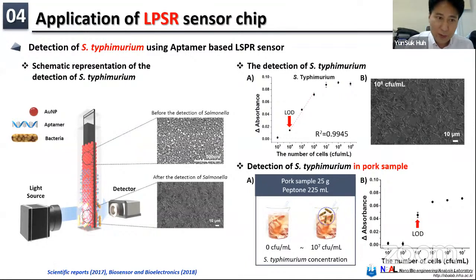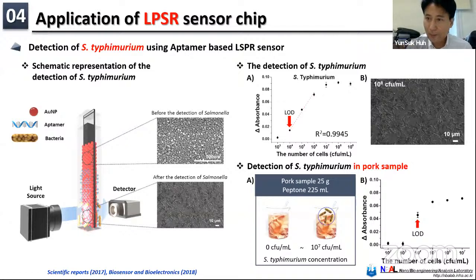And for another sample, we can detect at the bacterial cell level. The only difference is that we choose the cell receptor material and functionalize the receptor onto the plasmon active substrate. So we can successfully detect Staphylococcus using aptamer receptor materials, using our LSPR sensors developed in our group.